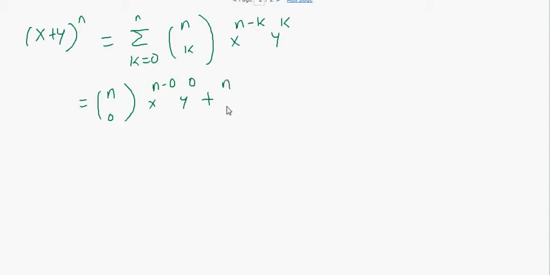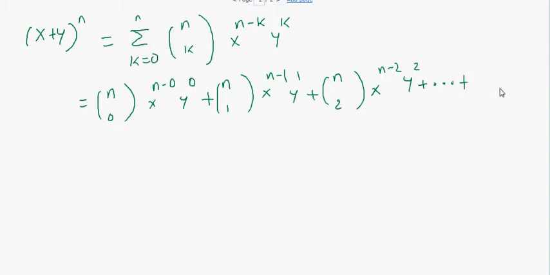The second term would be n choose 1, x to the power n minus 1, y to the power 1, plus the third term would be n choose 2, x to the power n minus 2, y to the power 2, plus so on up to n minus 1, x y to the power n minus 1.